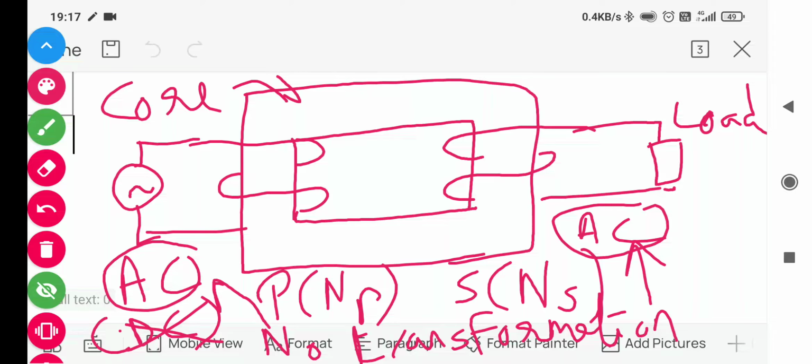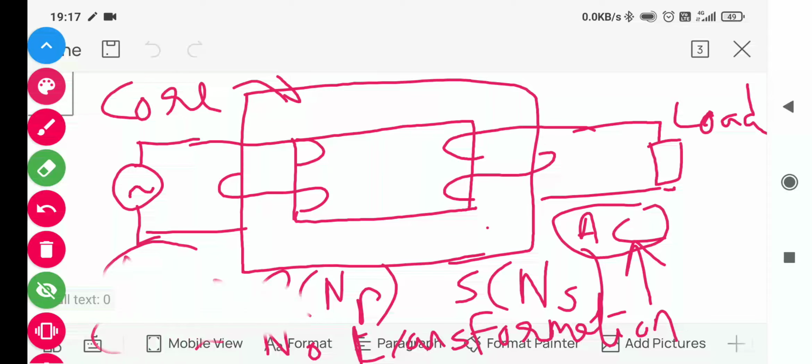So don't say that in a transformer there is a transformation of voltage or current. But the fact is that in a transformer there is a transformation of energy. Now, where does this energy transformation lie in a transformer?